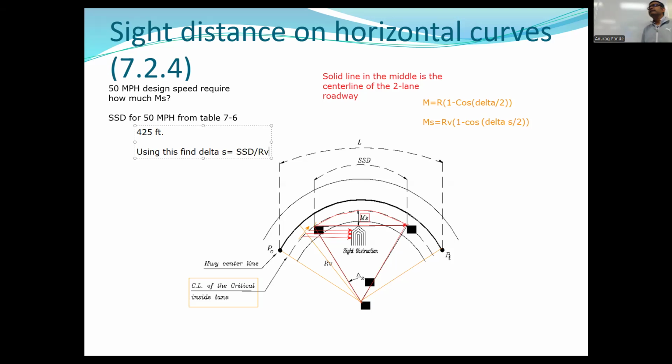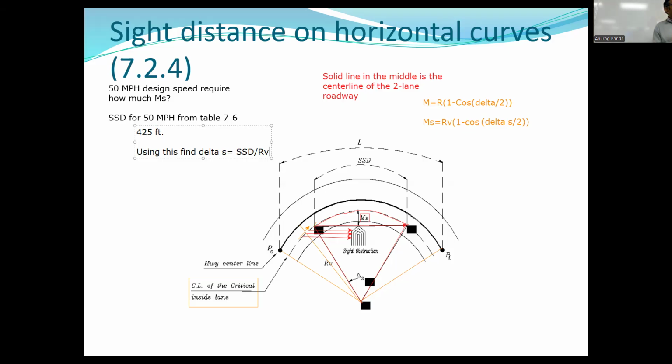Does that make sense? But remember, this is going to give you the angle in radians, not in degrees. If you just apply stopping sight distance, 425 feet, divided by RV, you will get your angle in radians.